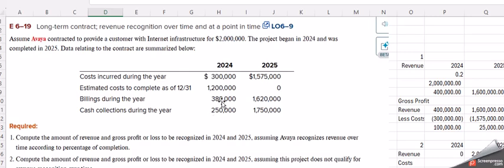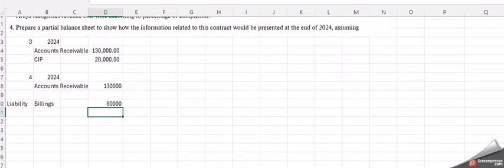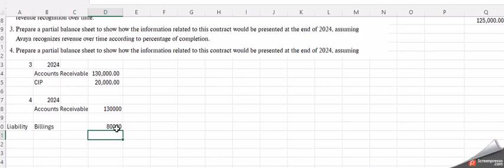So the 380 less the 300, because again, we're not offsetting anything. We collected more than we actually paid out. So we have to show it as a liability until that job is done. So that would be how those are recorded.